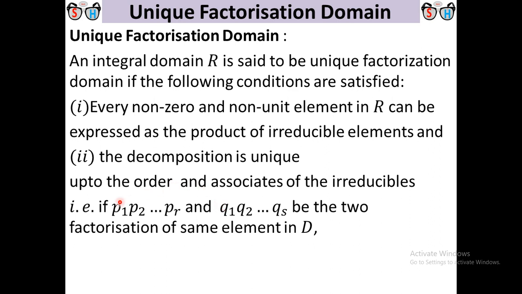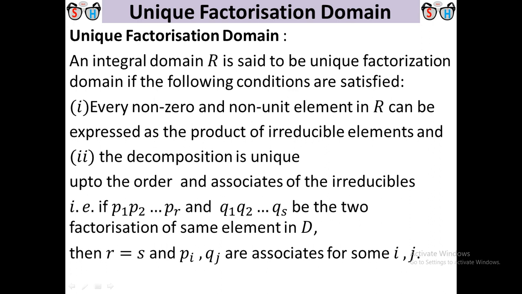You know that an associate of an irreducible element is also irreducible. So here r and s are equal, and pi and qj are associates for some i, j. And p1, p2, q1, q2 are all irreducible elements.